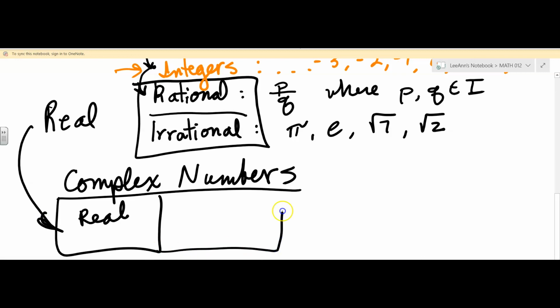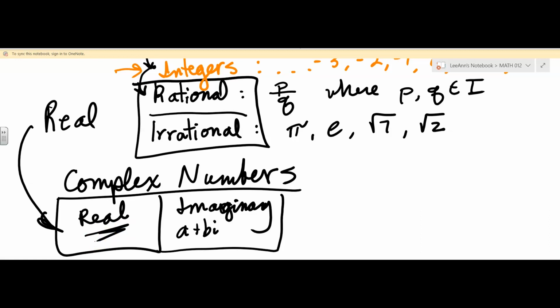And then you also have the imaginary numbers, anything of the form a plus bi where b is not 0. If there's an imaginary part, then it falls into the set of imaginary numbers, and it is a complex number. So don't forget that all real numbers are also complex numbers. It's easy to forget that.